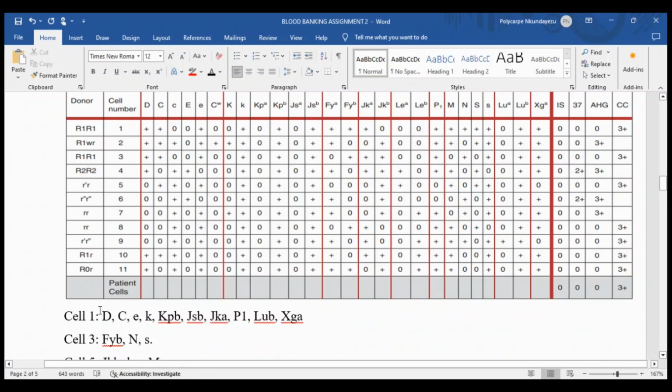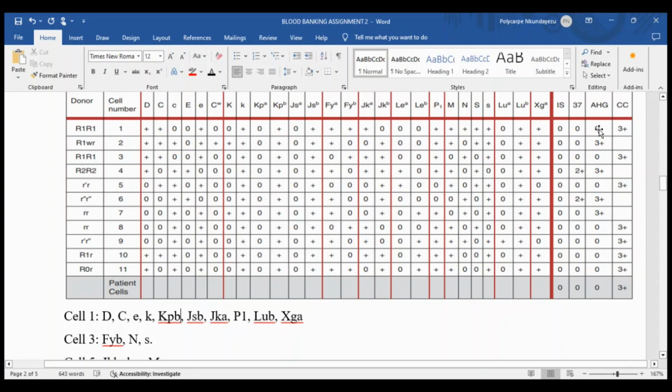In cell number 1, we are able to remove capital C, capital D, small e, small k, and Kpb, JSAB, Duffy, not Duffy A, which cannot be removed, and JKA, P1, right? And then MNS, Rutland B, and XGA. So they can be removed from cell number 1 according to our panel, because cell number 1 is reacting negatively.